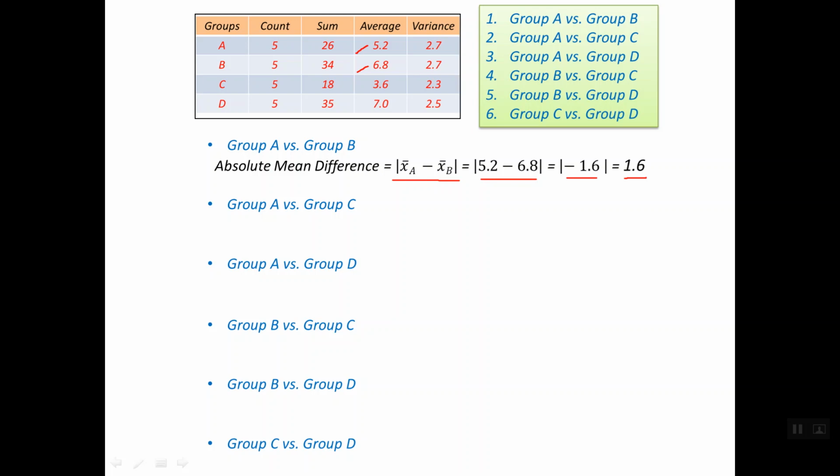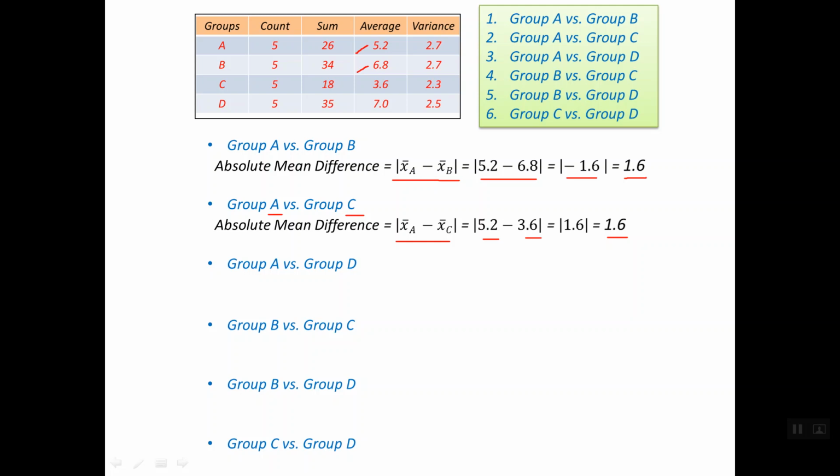The same for group A and group C. The absolute mean difference: x bar A is 5.2, while for group C it's 3.2. So the absolute difference for the two means is 1.6, same as the above one.